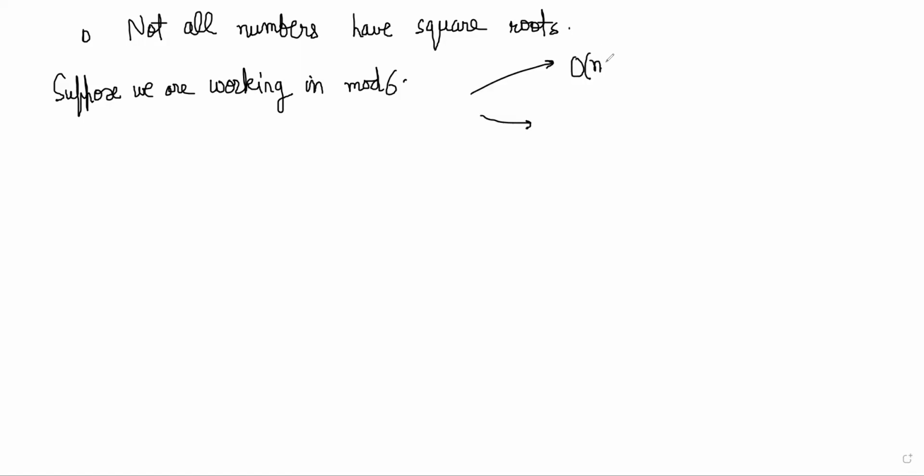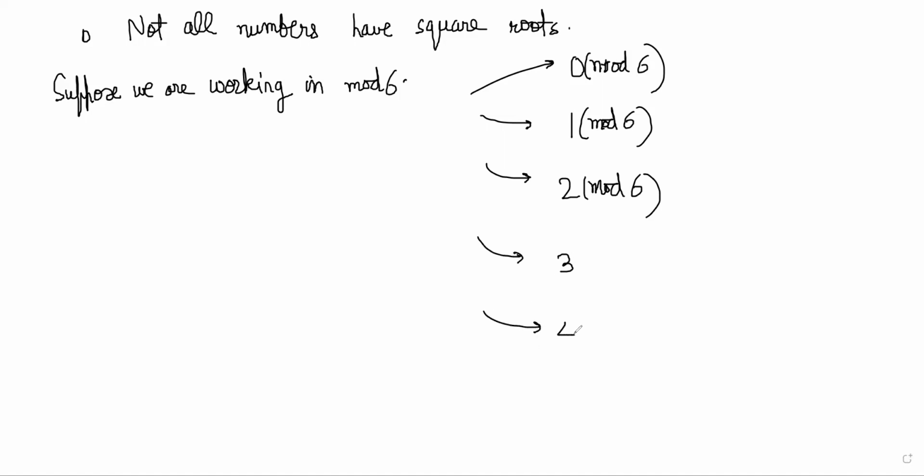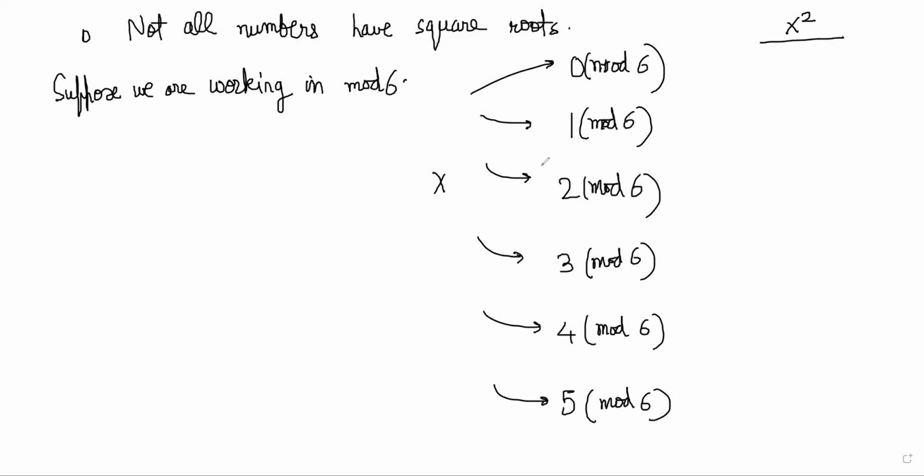You have 0 mod 6, 1 mod 6, 2 mod 6, and so on: 3, 4, 5 mod 6, right? Now think about it. What happens if you square any of these types of numbers? So if this is my x, what will be my x square?